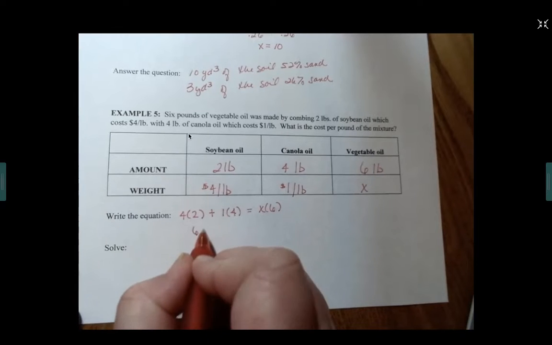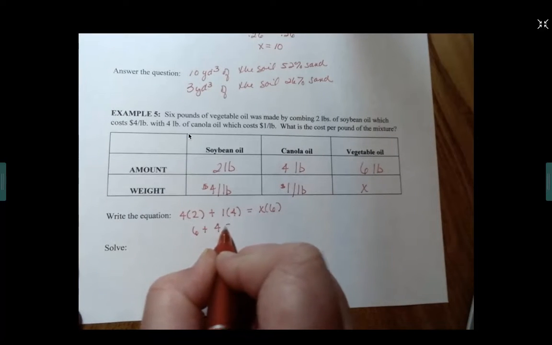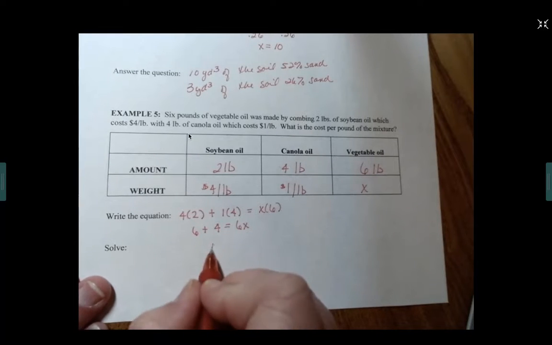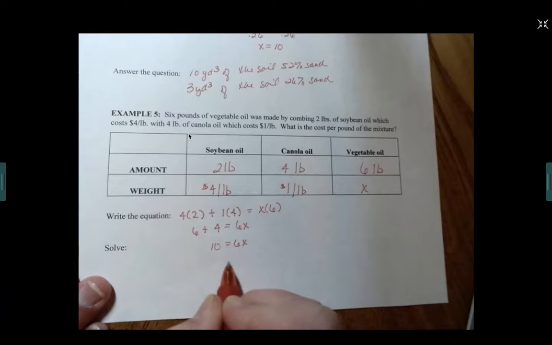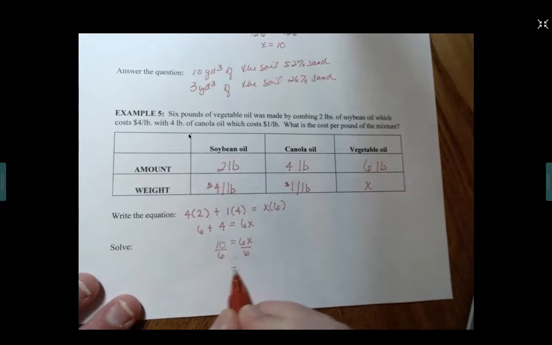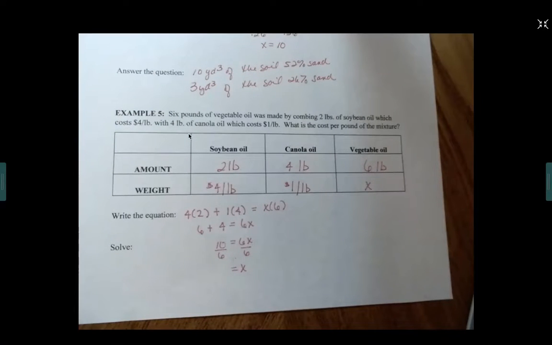So 4 times 2 is 8. 1 times 4 is 4. And then you add these two together and you get 12, equal to 6X. Then you divide by 6. Normally I would make you leave your answer as a fraction, but remember X is representing money in this case. We usually don't say money as a fraction.